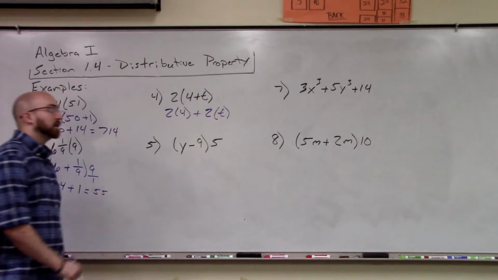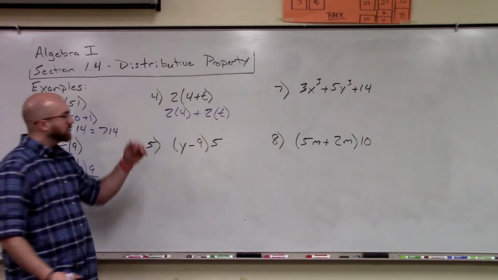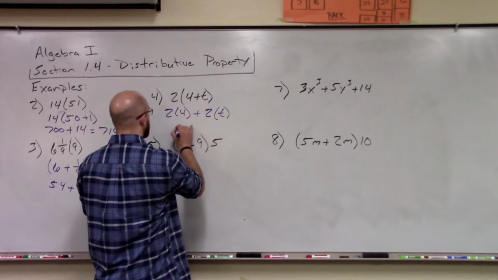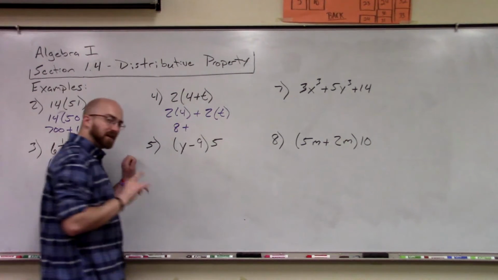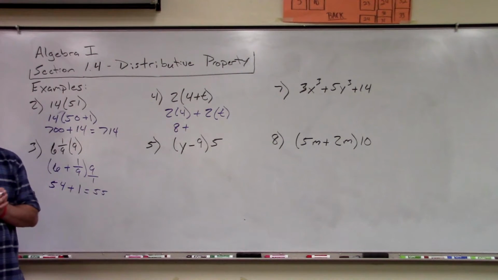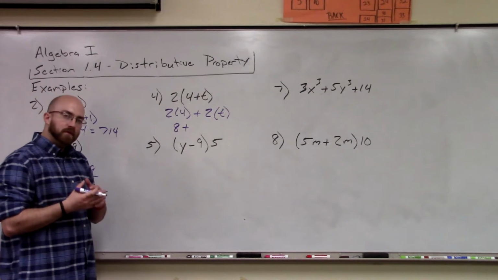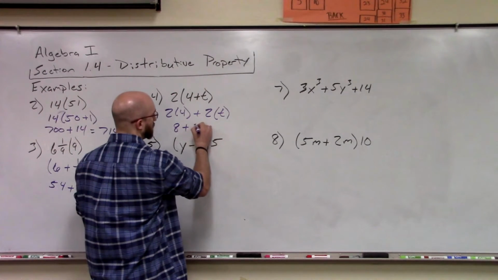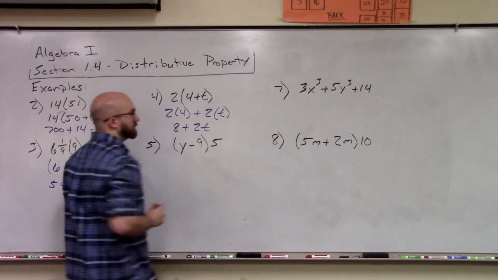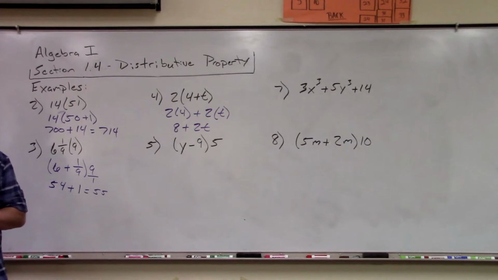All right. Now, 2 times 4 is 8. So that's going to be 8. 2 times t, that's not like a number like 8. It's a number with a variable. That's just going to be 2t. Boom. That's all you do right there.